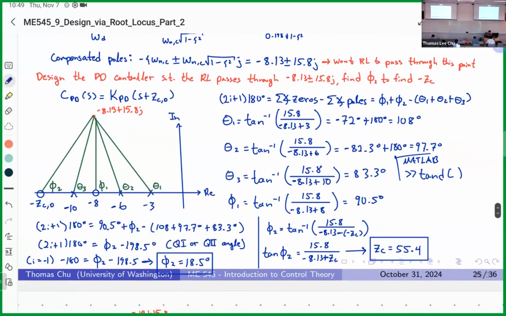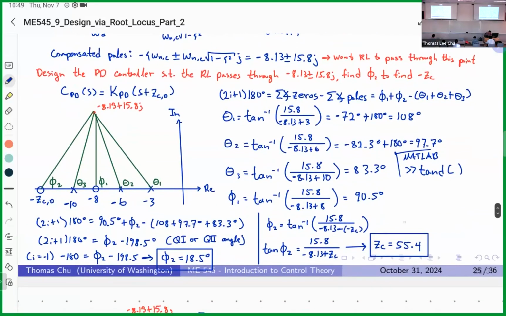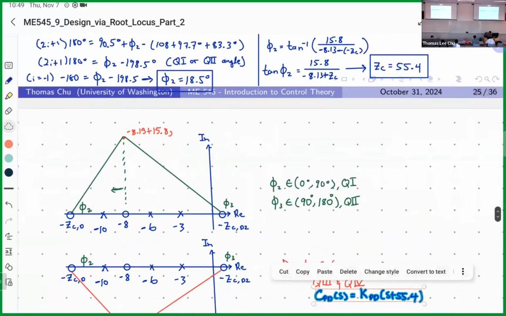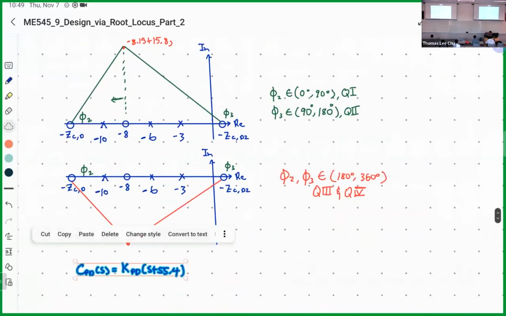So our controller is going to be CPD of S is equal to KPD multiplied by S plus 55.4. CPD is going to be that.